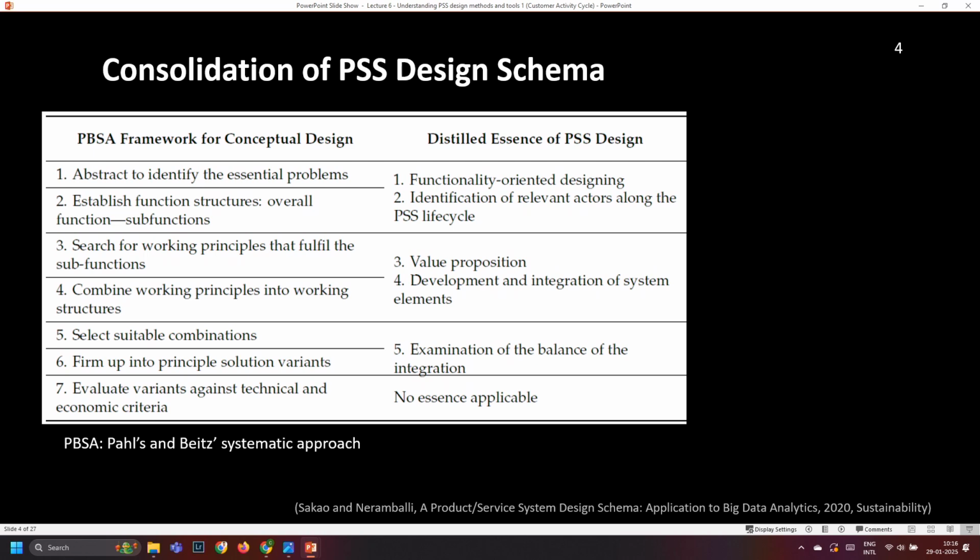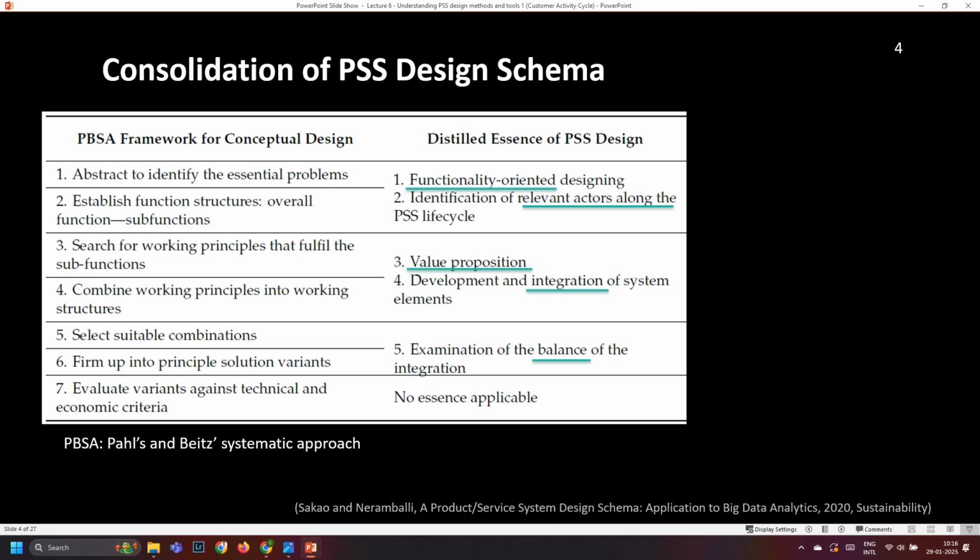Most of them, I would say, I have already explained. Functionality or value-oriented designing, coupled with the value proposition and identification of relevant actors, and then integration of different elements is important. And in combination with integration, it's always important to make a good balance between different elements. No? Otherwise, the integration doesn't make sense. So these are the 5 essences we found from literature.